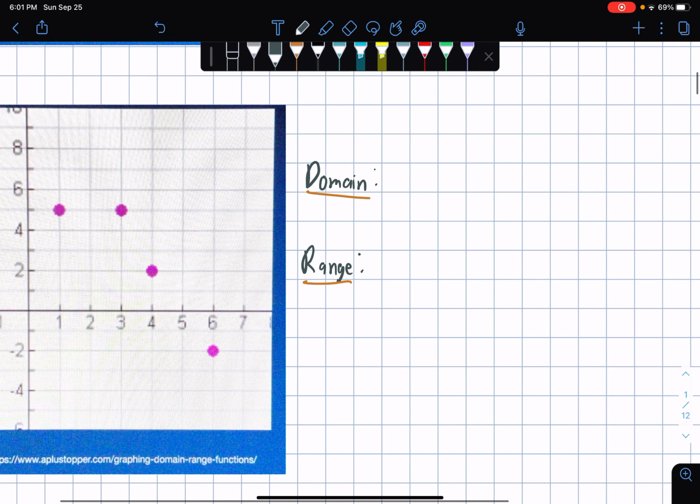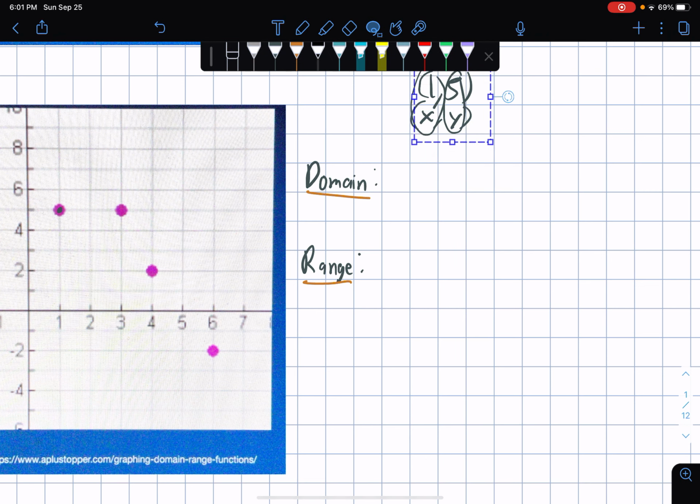So in a Cartesian plane, just know the coordinates. So this one is +1, comma 5, which is just 1, comma 5. We know that the x values are here and the y values are at the right side. So in that sense, we could say that domain is 1 and range is 5.